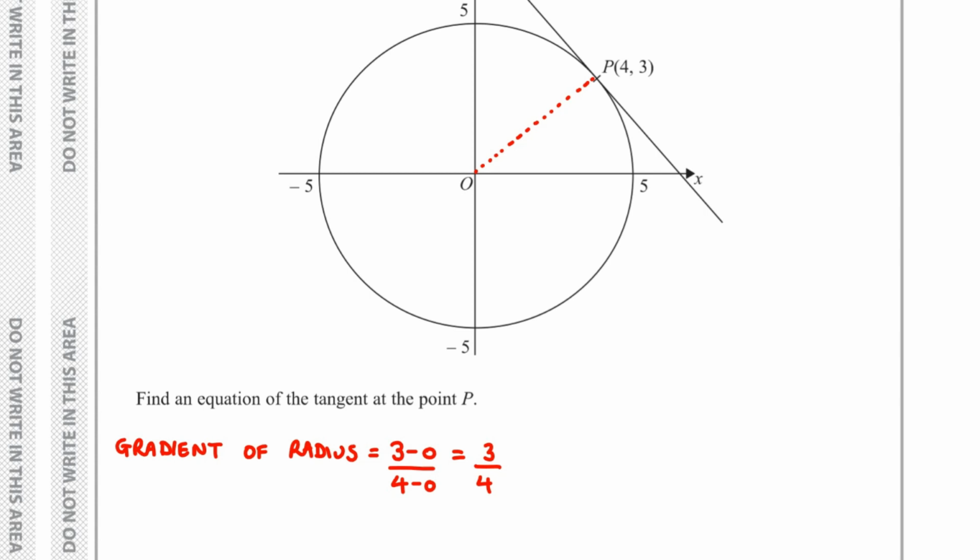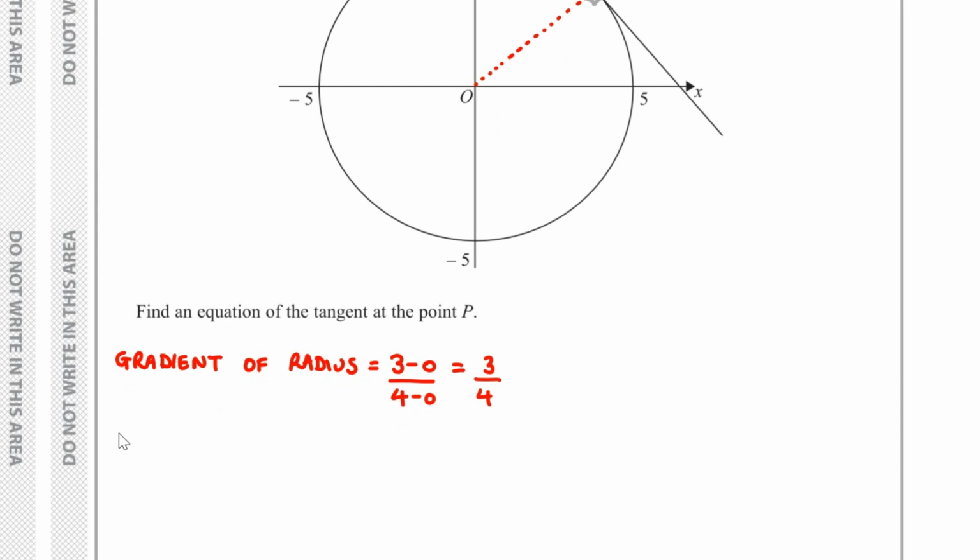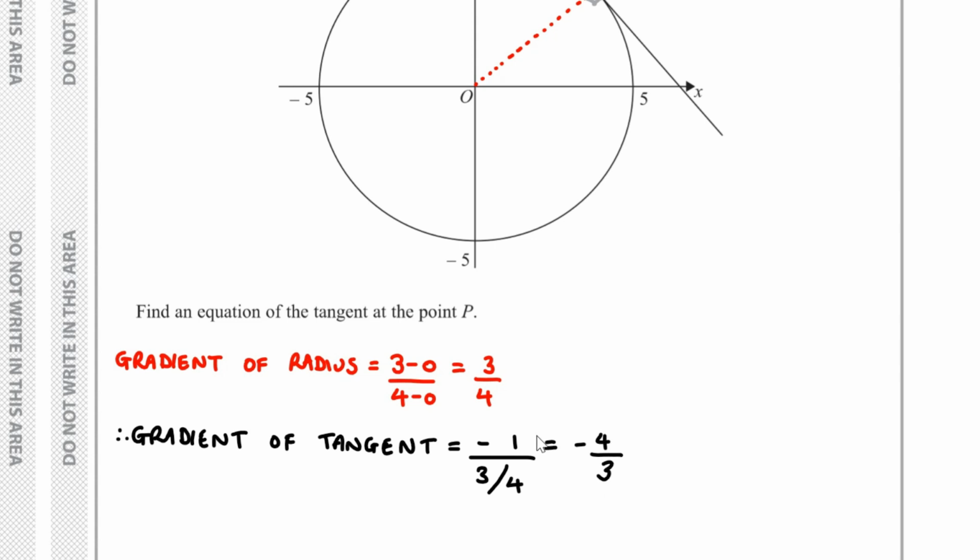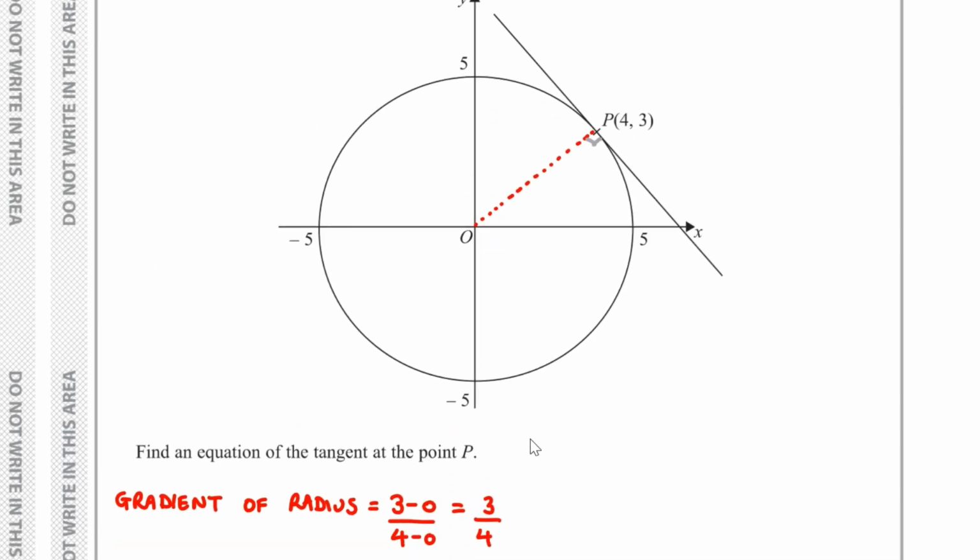Knowing that the tangent and the radius are perpendicular to each other, we can conclude that the gradient of the tangent is equal to the negative reciprocal, so 1 over the gradient of the radius, 3/4. So we've got minus 4/3. This is the gradient of the tangent, and we can find the equation of the straight line.